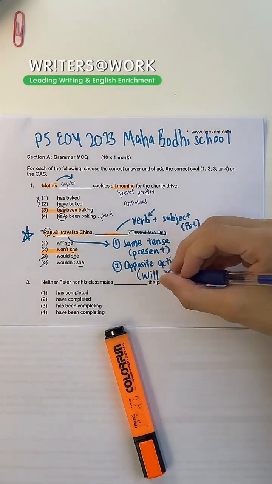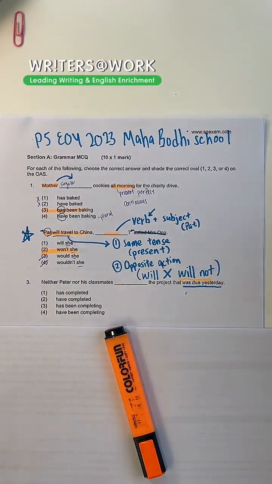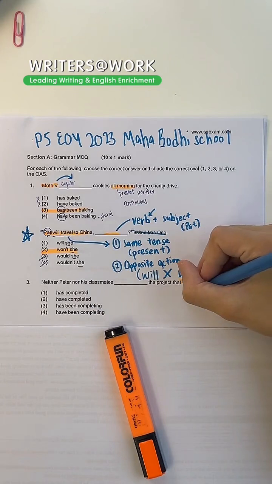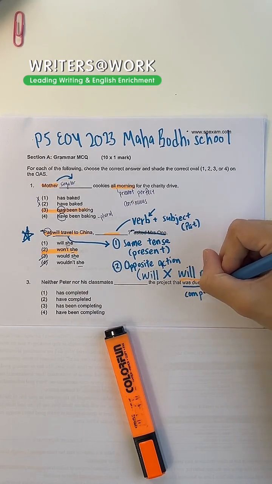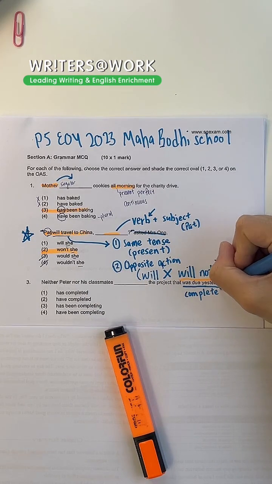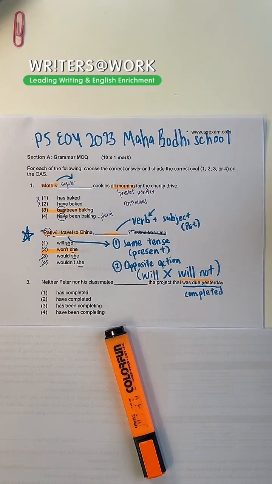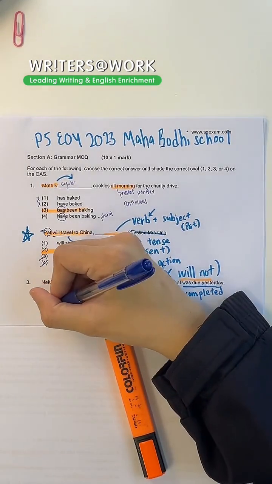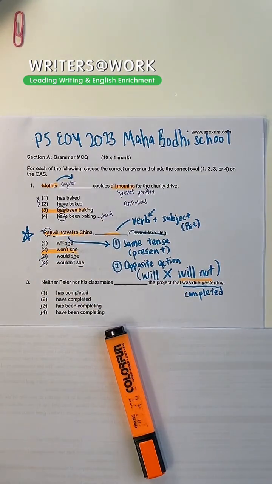So completed, past tense. So with that, we can safely eliminate options 3 and 4, because this act of completion should have been done in the past, right? So it should have been completed.